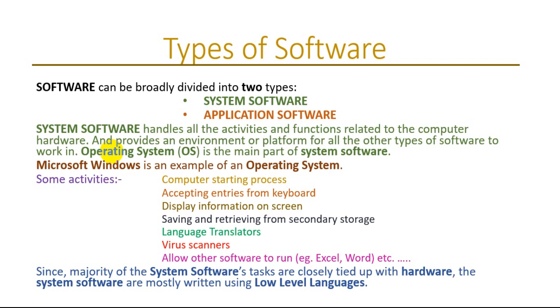Maybe it's possible, I don't know. But the main thing is the low level language, because the low level language can access the hardware that is connected to it. That is why you will find all the system software is developed using low level language. It could be machine language or assembly language. Majority, I think, assembly language.